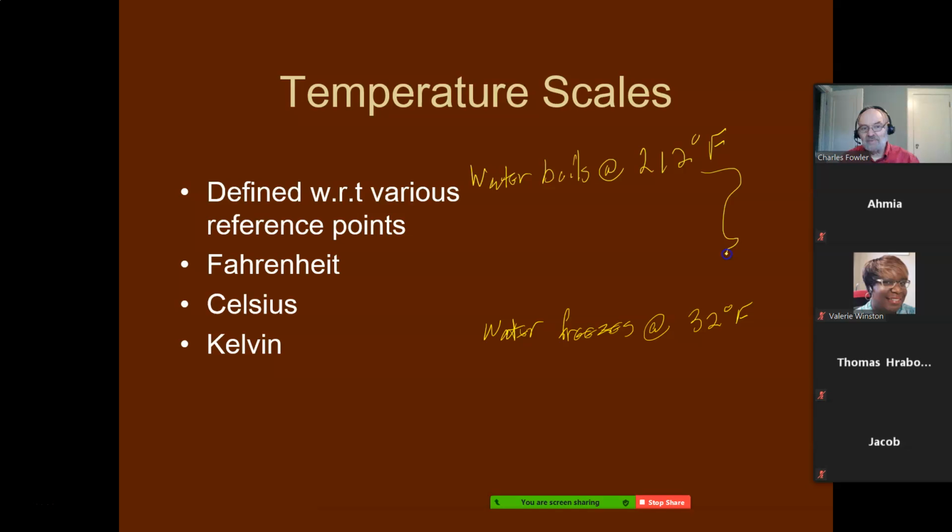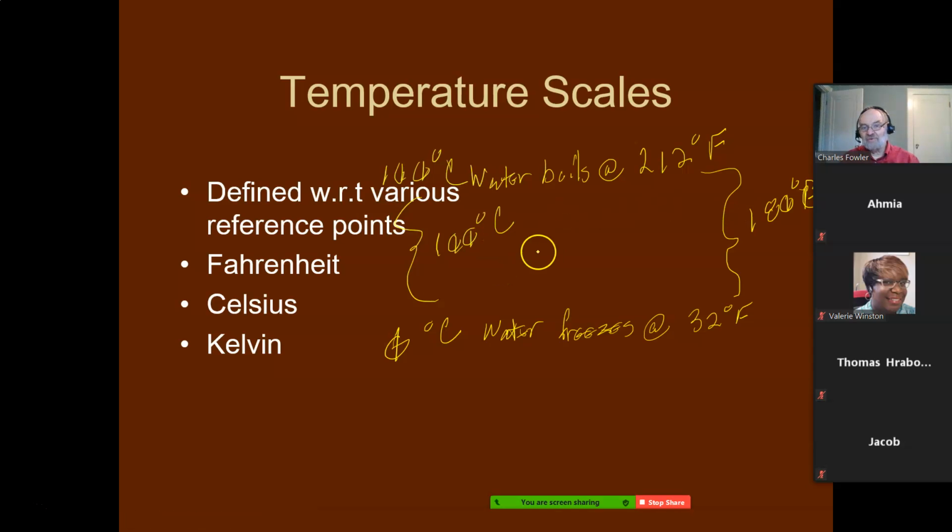What's the difference then between the boiling point and freezing point of water on the Fahrenheit scale? 180 Fahrenheit degrees. On the Celsius scale, we already know water freezes at 0 degrees Celsius and water boils at 100 degrees Celsius. So what's the difference between those scales? 100 degrees. Okay? 100 Celsius degrees.